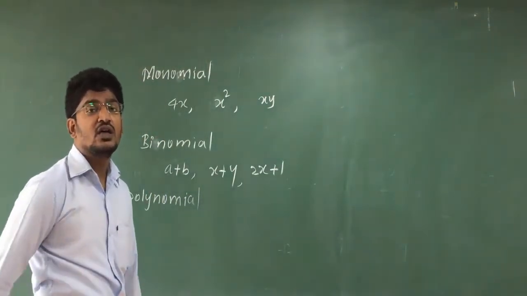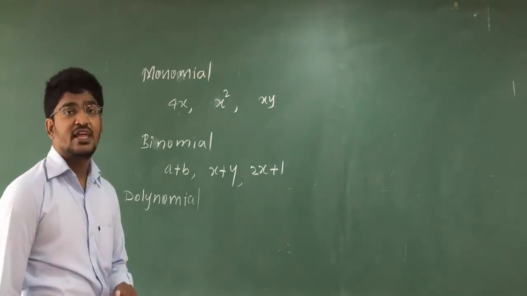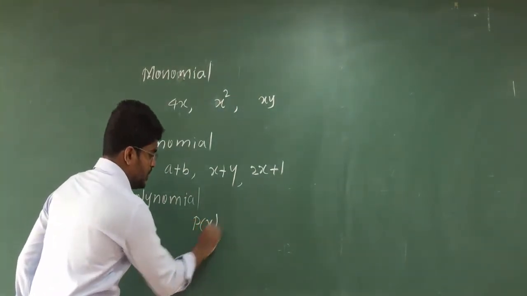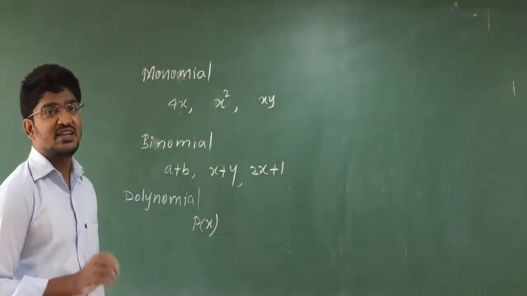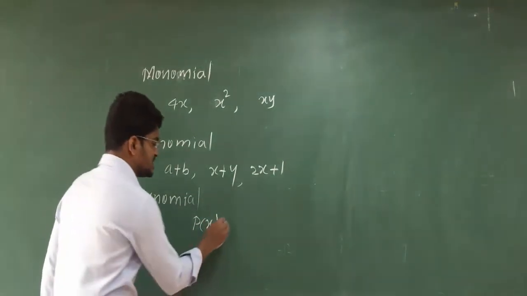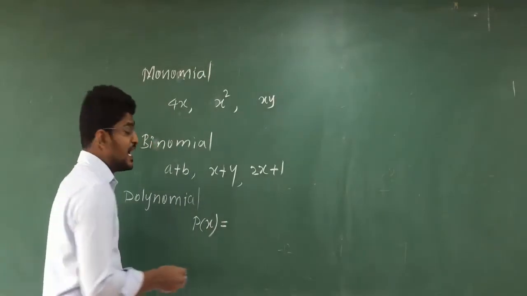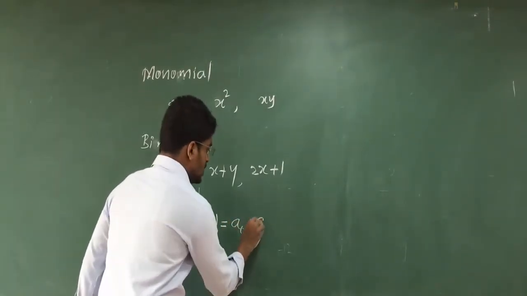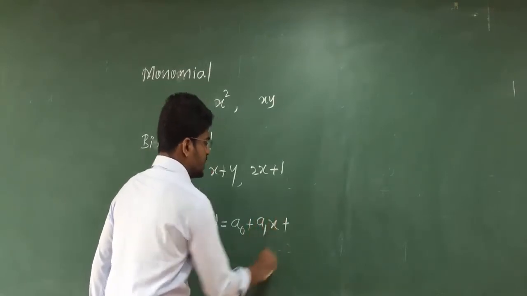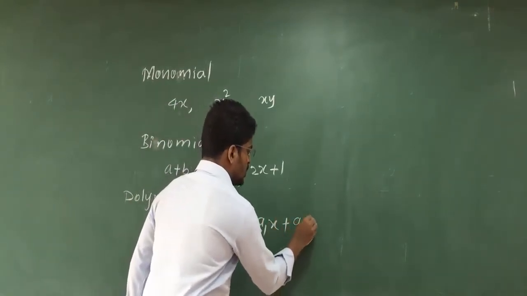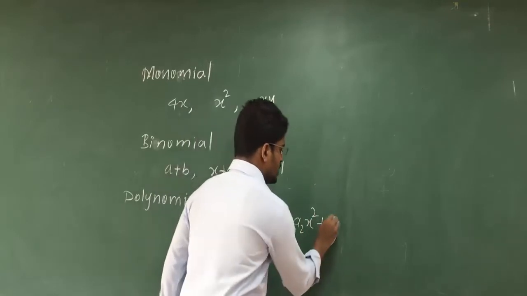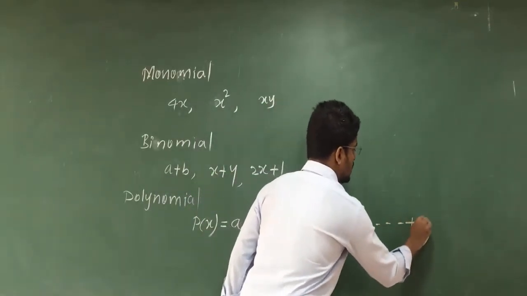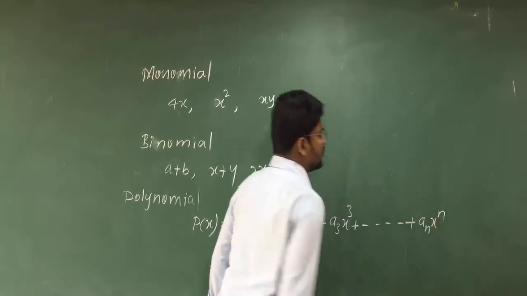That means polynomial is a function in the form of p of x that is written as a0 plus a1x plus a2x square plus a3x cube plus so on to an x to the power of n.